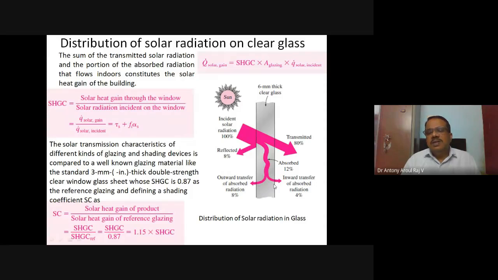Two things it will see. First, the temperature difference. If the temperature is low on this side, it will move to this side. Wherever the low temperature is, the flow will be there.